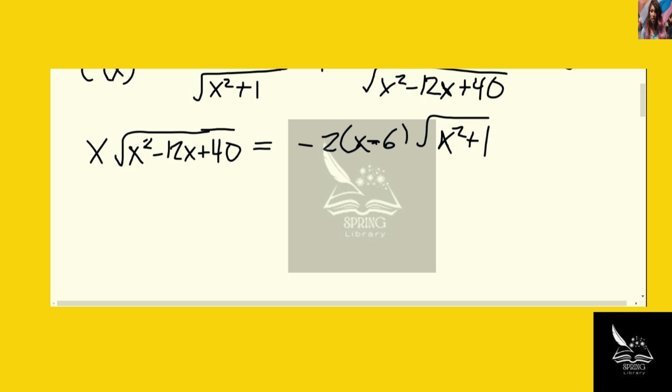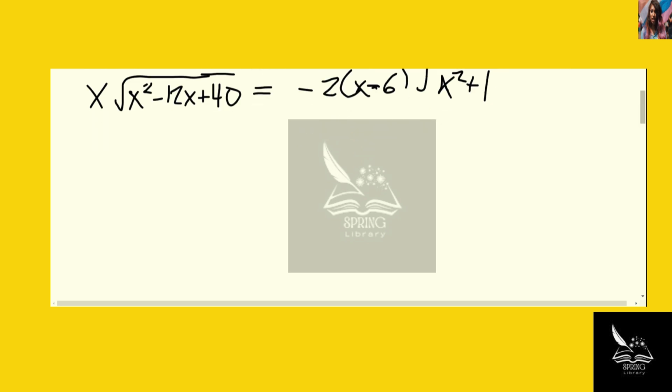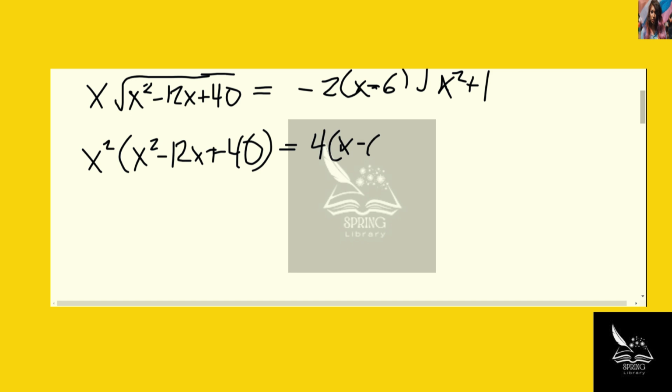If we square both sides, we get x squared times x squared minus 12x plus 40 equal to 4 times (x minus 6) squared times x squared plus 1.